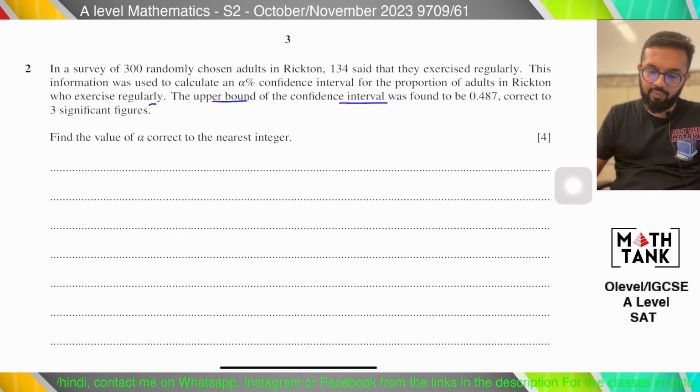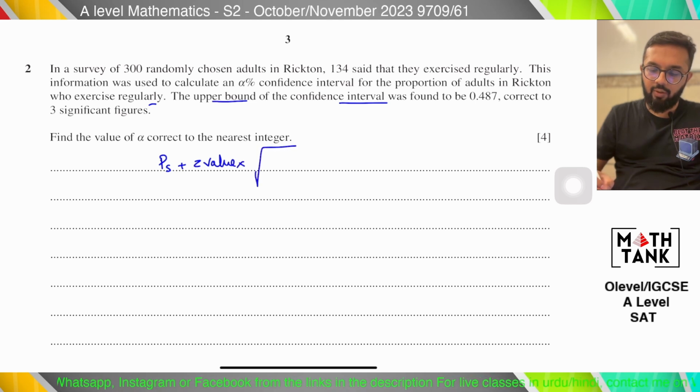The upper bound of the confidence interval was found to be 0.487 correct to three significant figures. So the upper bound is calculated by the proportion in the sample plus z value into root of proportion of sample into q of sample divided by n.